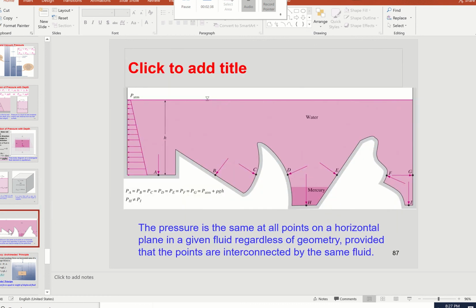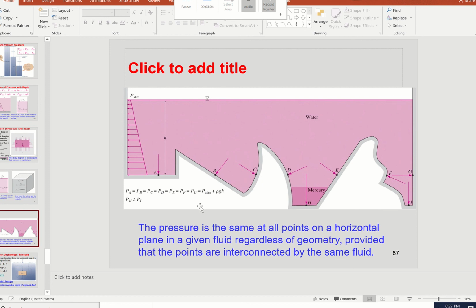Now let's look at this slide. This is a very odd geometry, but you notice A, B, C, D, E, F, G, those points here. Regardless of what shape they are in, they all share the same distance from the free surface. They have the same height, same h.